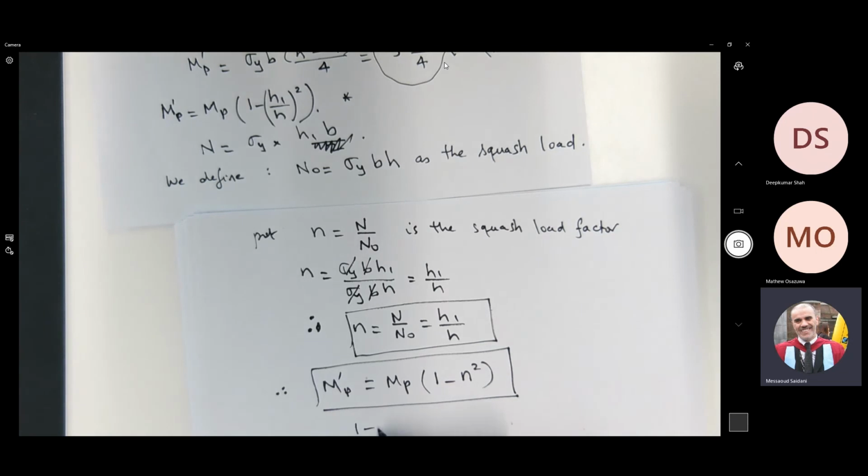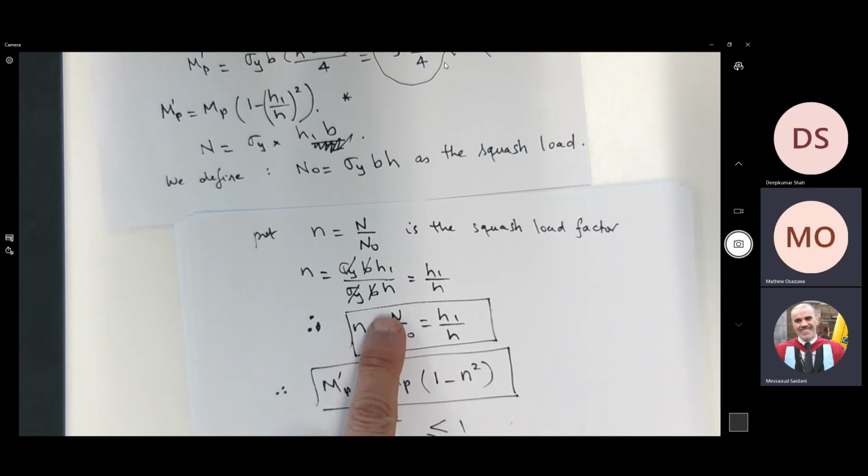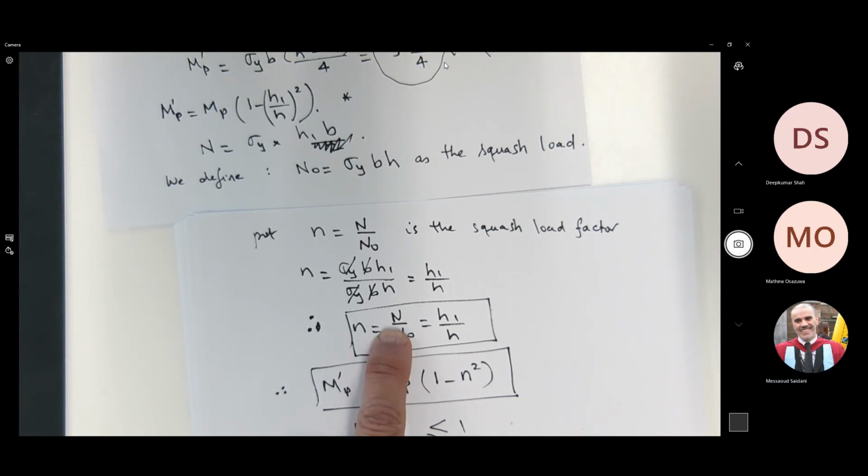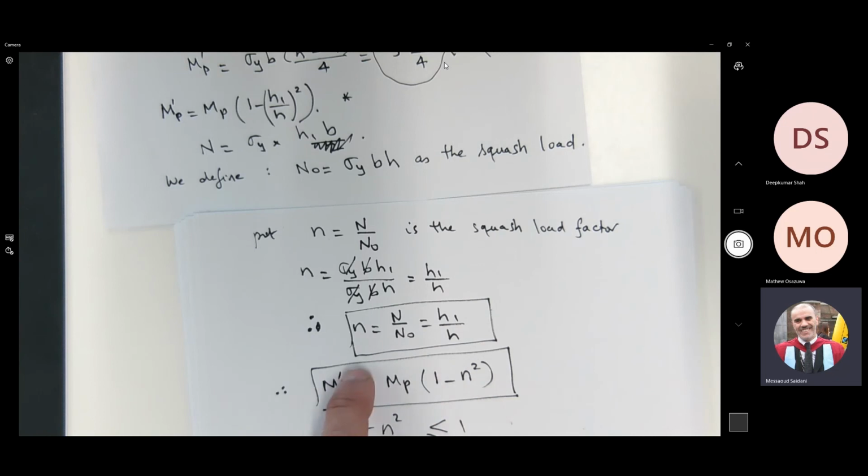Do you agree that 1 minus n squared is less than 1, or at the least equal? It's always going to be less than 1, because it's the ratio of n over N0, and we know that n is smaller than N0, so obviously you get this factor less than 1.